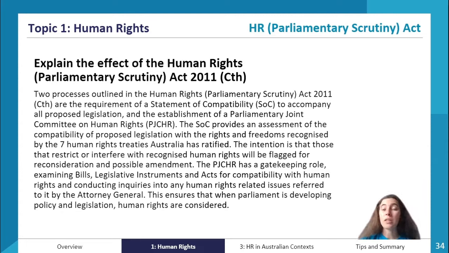So the whole idea of this is it's ensuring that when the Parliament is developing policy and legislation, human rights are always considered in the decisions that are made. So when we look at the title of this act, it's about parliamentary scrutiny. So it's about keeping the government accountable, making sure that we've got that compatibility, we've got that oversight, so everything is working together cohesively rather than having contrasts between different things that are introduced.